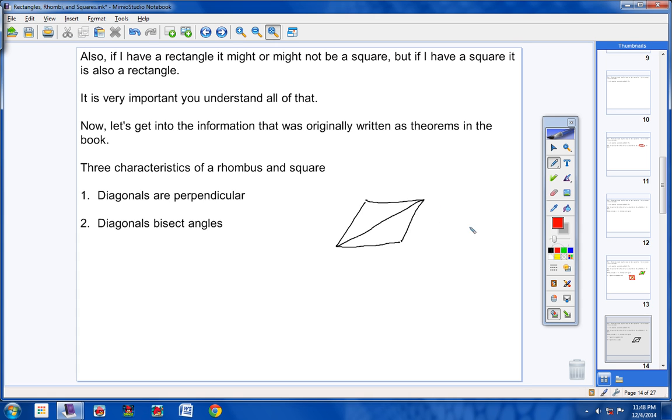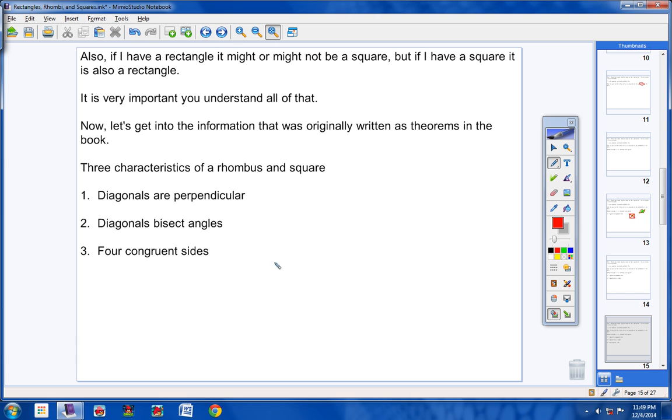This angle here is congruent to this angle here, okay? Anytime you have a diagonal in a rhombus, it bisects the angles. This angle here is congruent to this angle over here. And the same thing down here, and the same thing over here. Okay? Look that over. Make sure you understand it. Diagonals bisect angles. Now, characteristic number 3 for rhombi and squares.